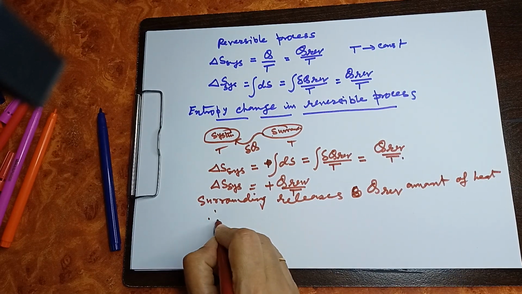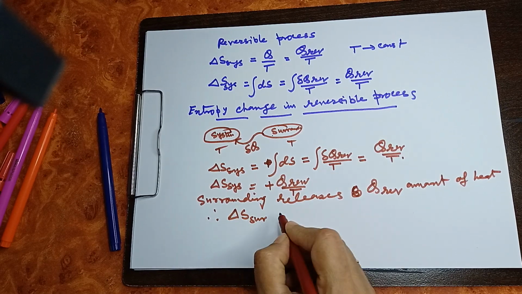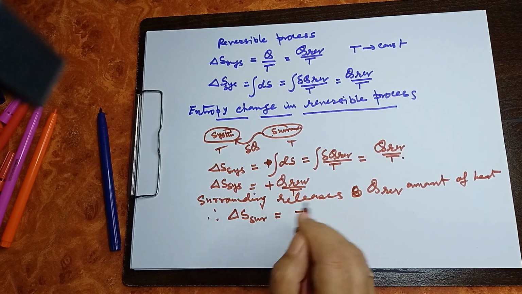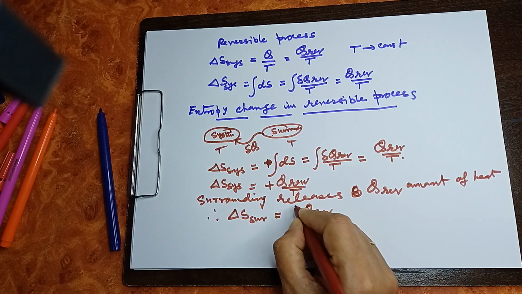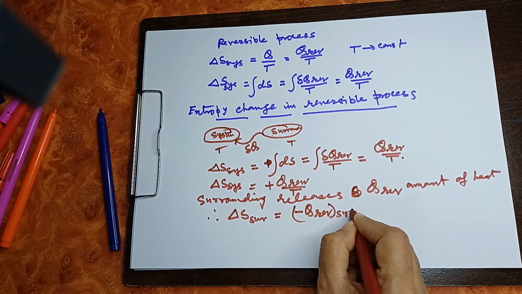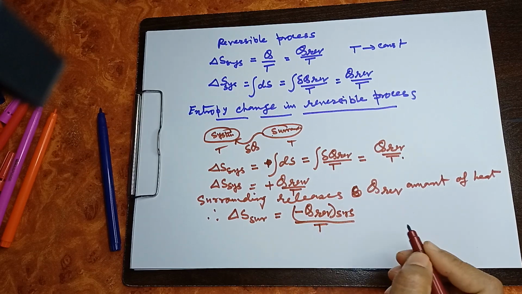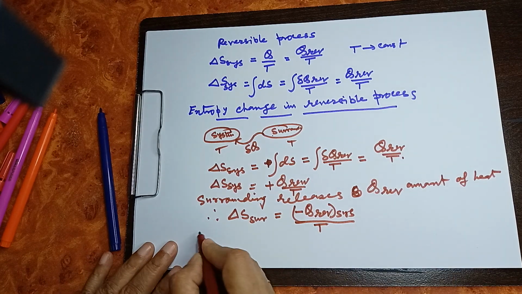Therefore delta S surroundings will be minus, since it releases, that means minus Q reversible of system, so minus Q reversible divided by T. So what is the total entropy change?